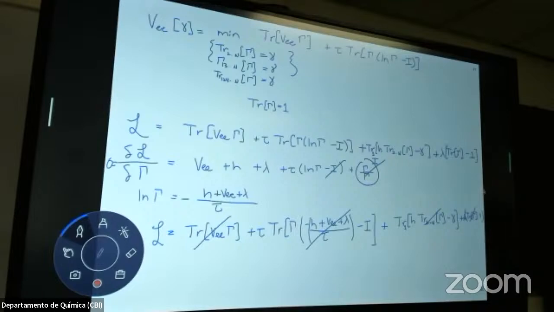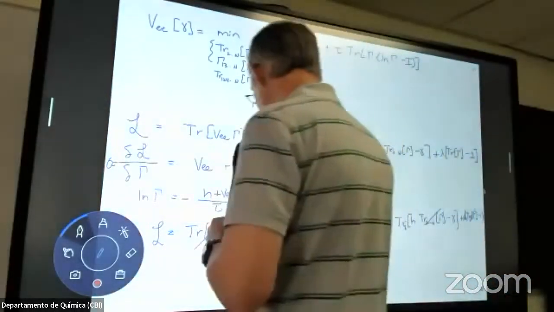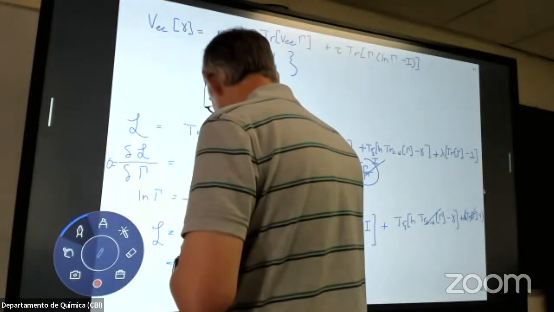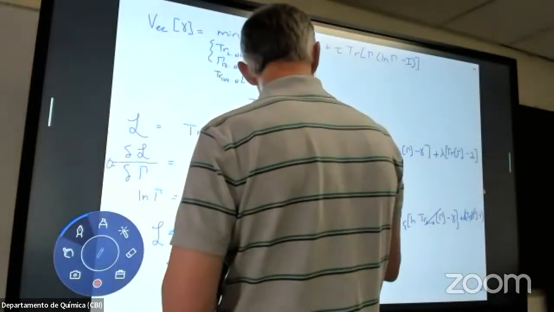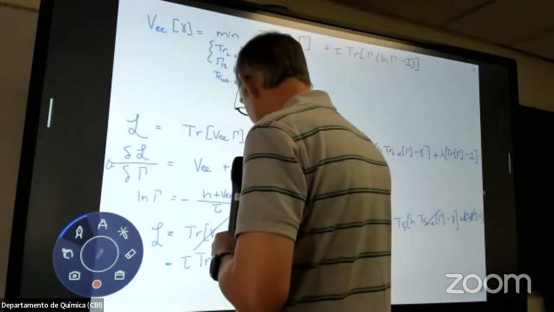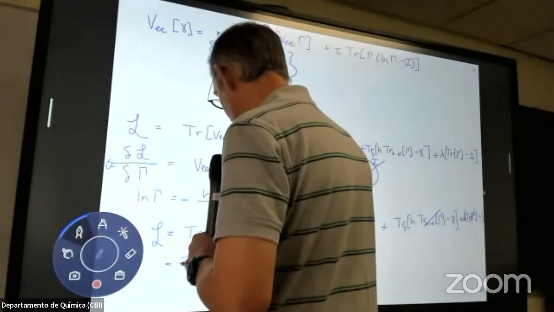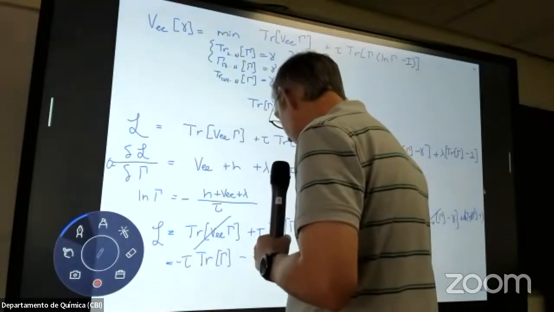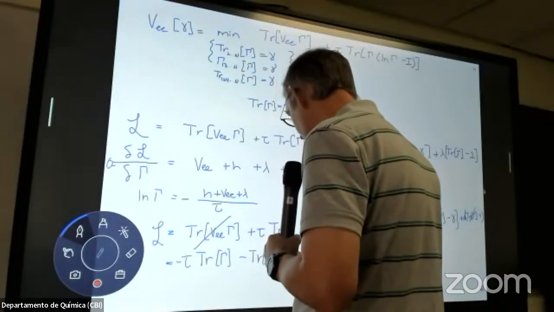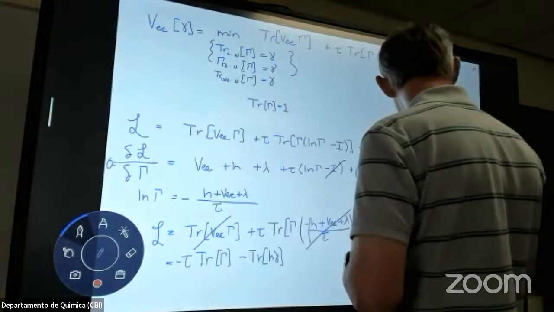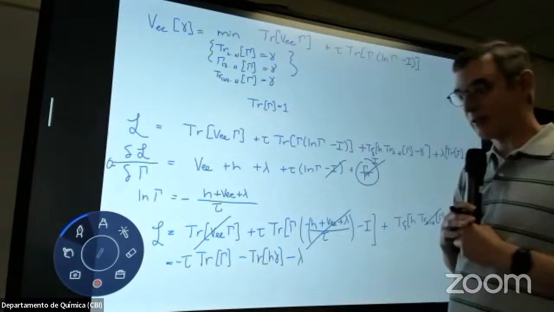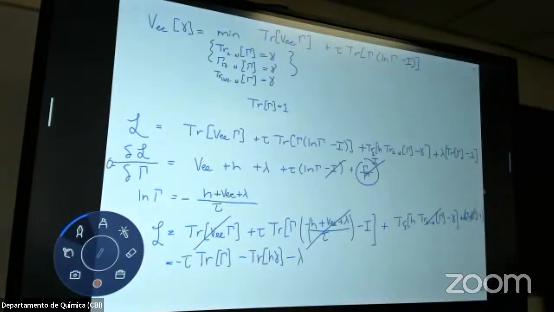So I end up with equals tau trace of gamma, minus trace of H gamma, minus lambda. So I just canceled out all this stuff that I'd like to cancel out.